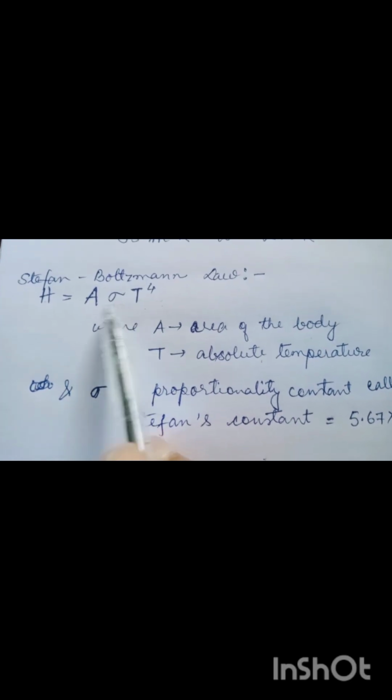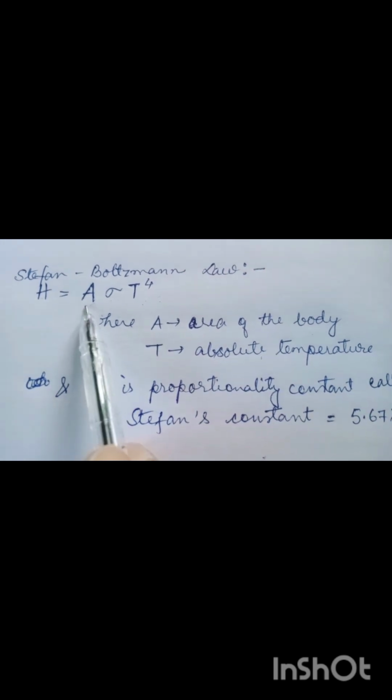For a perfect radiator, the heat energy emitted per unit time is expressed as H equal to A sigma T to the power 4.